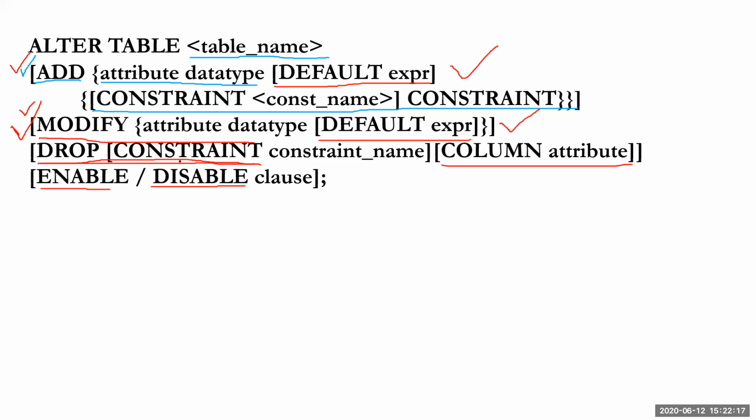You may drop an existing constraint. If a constraint exists and you no longer require that particular constraint, yes, you can drop it. Or if you have a constraint and want to enable or disable it, yes, you can. Or if you have a column that is no longer used by you, so the data entered in that particular column is not used for any purpose, yes, you can drop it. You can eliminate it from the table.